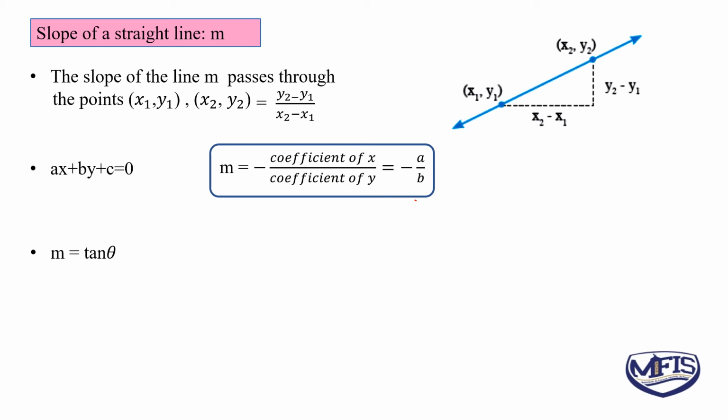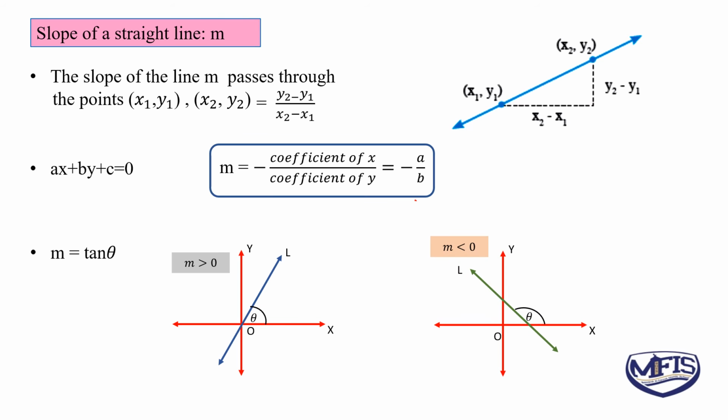We can also find the slope using tan theta, where theta is the angle the straight line makes with the positive direction of the x-axis. So m equals tan theta. As we said before, m is greater than 0 if theta is an acute angle, and m is negative if theta is an obtuse angle.